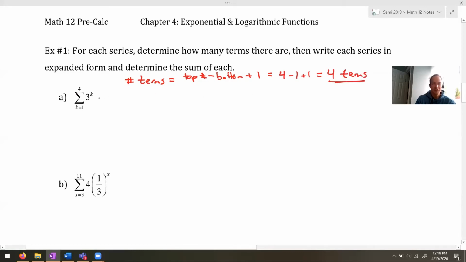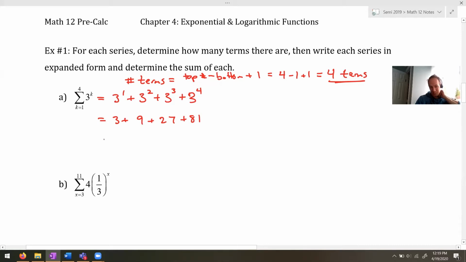All right, so writing this out in expanded form, this would be 3 to the power of 1 plus 3 to the power of 2 plus 3 to the power of 3 plus 3 to the power of 4. So there's 2 ways we could do this. We could say this is a geometric series, and we could think of it as 3 plus 9 plus 27 plus 81, or we could say r is 3 and use a formula.